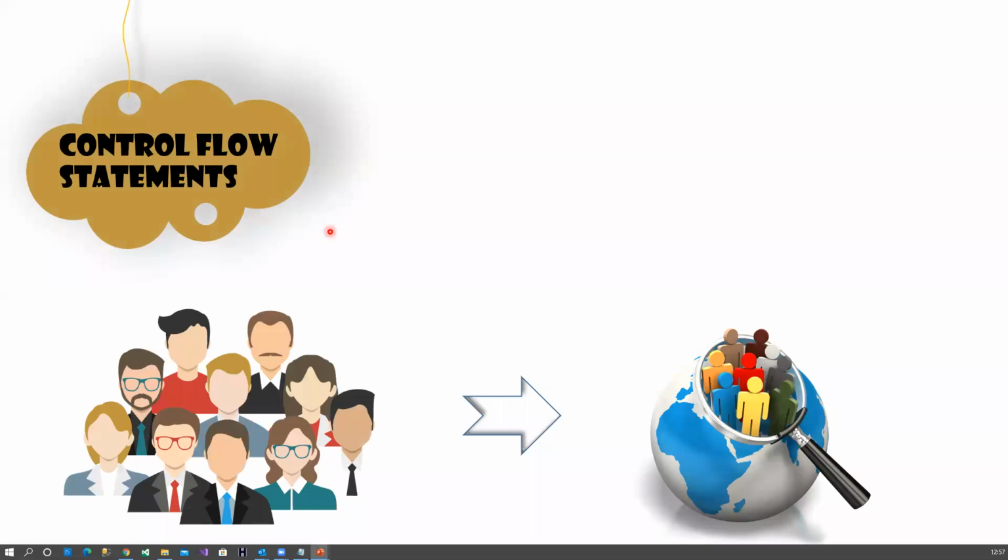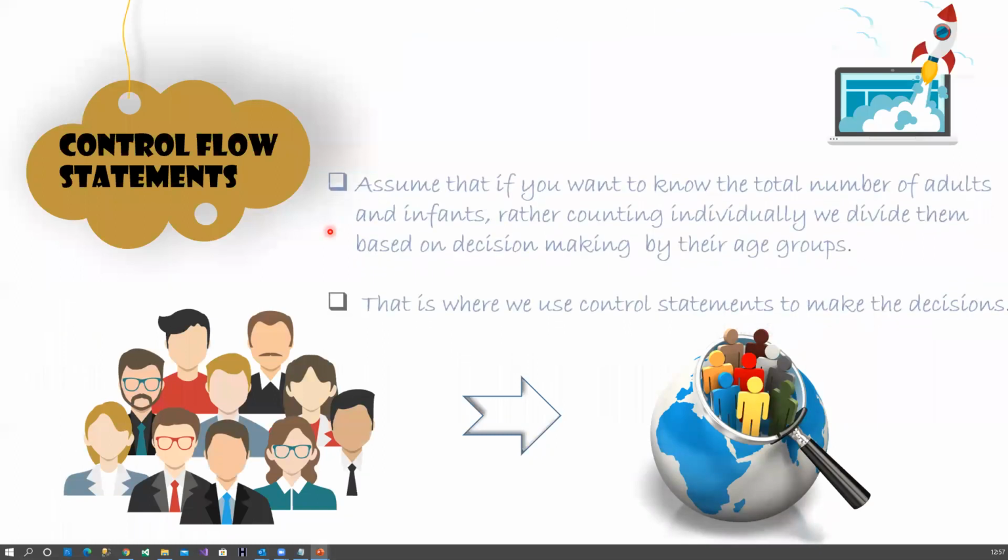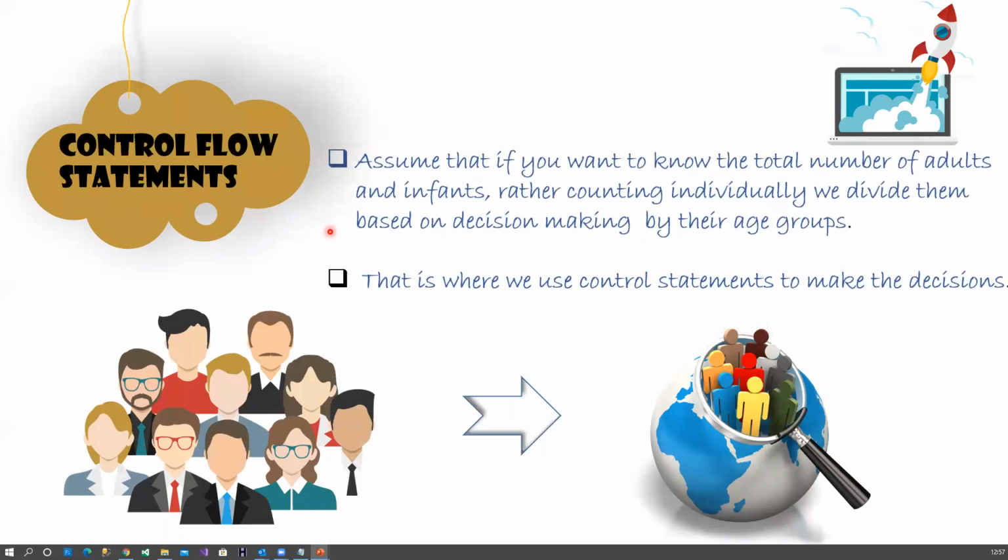So the next topic is control flow statements. Generally, what is a control flow statement? Technically, you want to go through some set of rules, trying to identify something till that matches, and when it matches, you say yes, I'm done with my match, and come out.